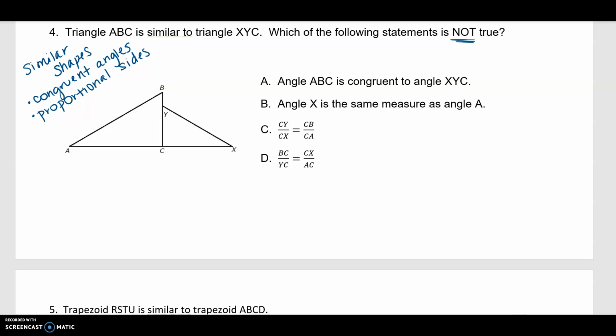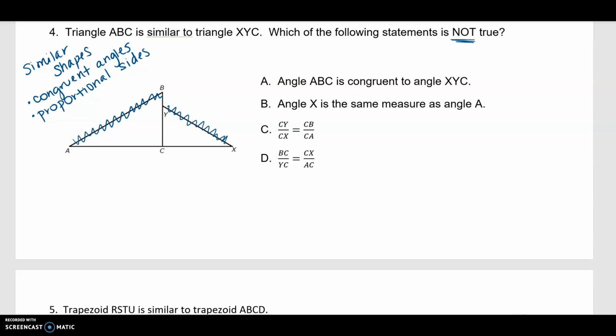If triangle ABC is similar to XYC, then we know that AB corresponds to XY. Now we are going to go through and find the not true.